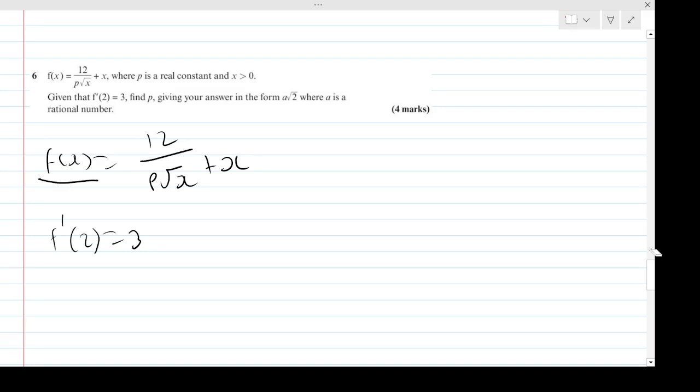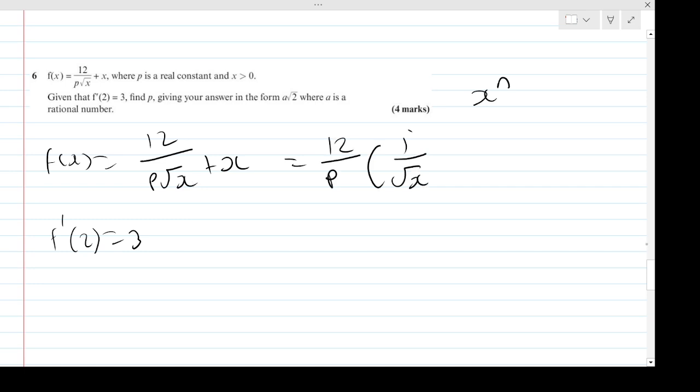So f of x is this. So then if we were to compute the derivative, f dash of x, well, we need to simplify some things, right? Because this fraction here is not in the form x to the n. It's divided by root x, so we need to clean this up. So let's simplify. First of all, we can factor the number out. So 12 over p times by 1 over root x, right?